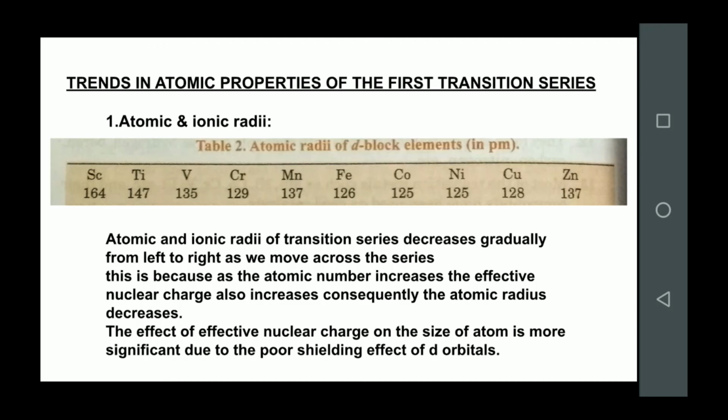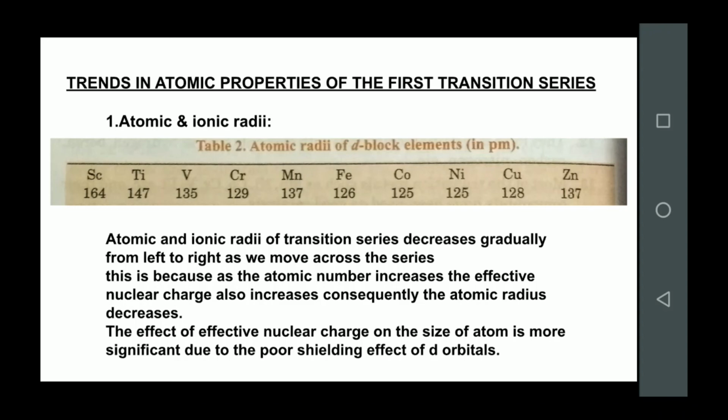Now this increasing effective nuclear charge is balanced by what? The electrostatic repulsion that is caused by the addition of more and more electrons in the penultimate d orbital. Electrons have the same charge, they are negatively charged, so they repel each other. When we add more and more electrons into the d orbital as we move from left to right, there will be increased repulsion between the electrons.